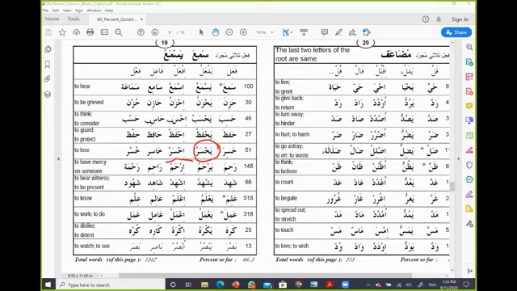Ikhsar, you're telling him lose. Khasir is basically the person that is a loser. Khusr is basically loss. Now we're talking about the noun of the verb khasira.